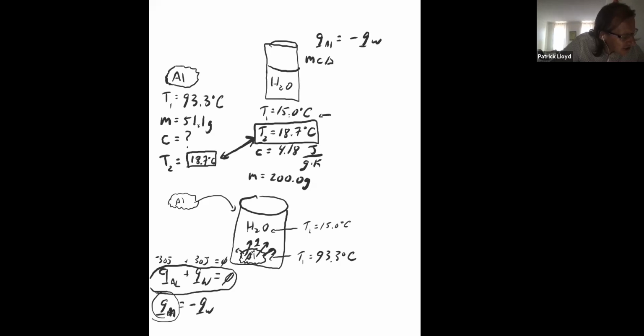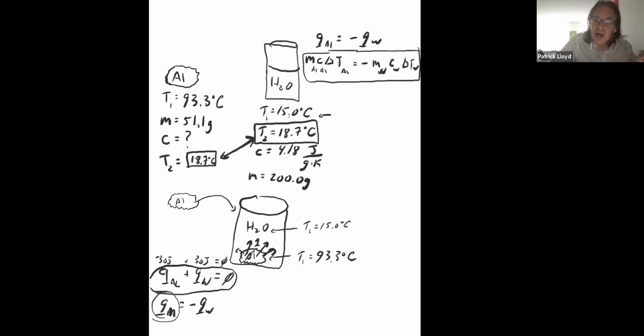MC delta T of the aluminum equals minus M water, C water, delta T water. So we're substituting, and this is an important thing we do in the sciences. Q is equal to MC delta T.